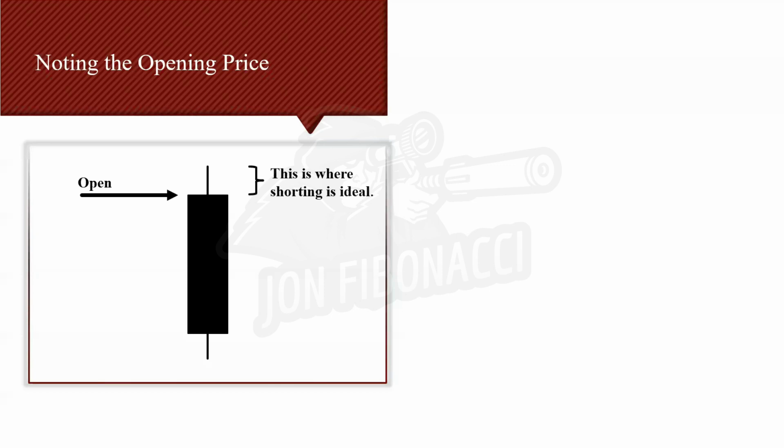This is where shorting is ideal. Okay, so the opening price should be noted. That's what we did here, right? We looked at the open. Now on the chart, we could be actually putting in a price level versus just having a line that says this is the open.